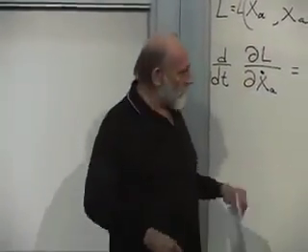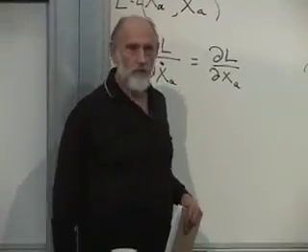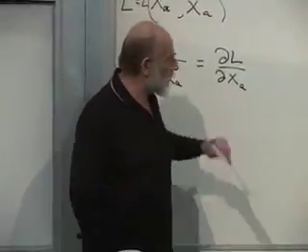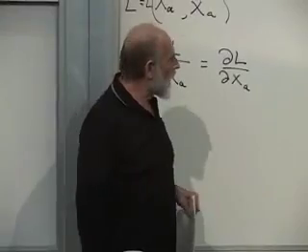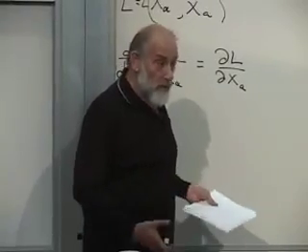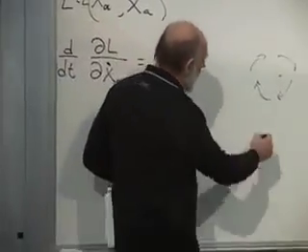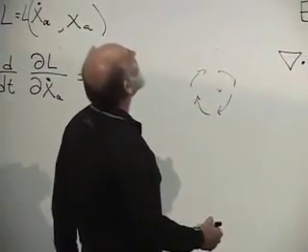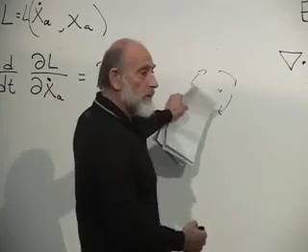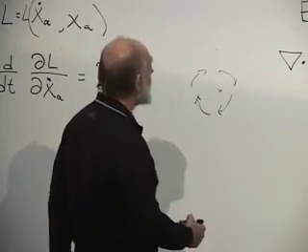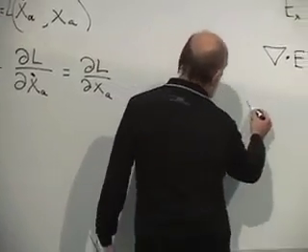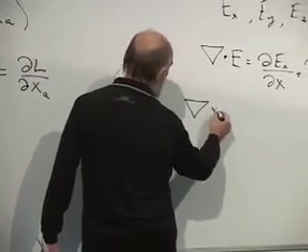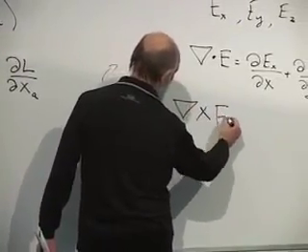A hurricane would have a large curl, sometimes it's called vorticity, but curl is the right term. And I'm going to write down what the formula is. Let's call that axis the z-axis. Then the symbol for the curl is del cross E.